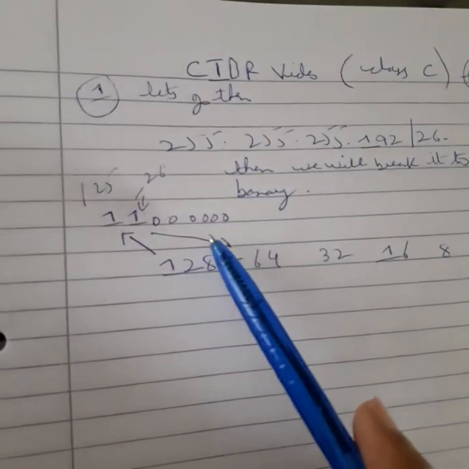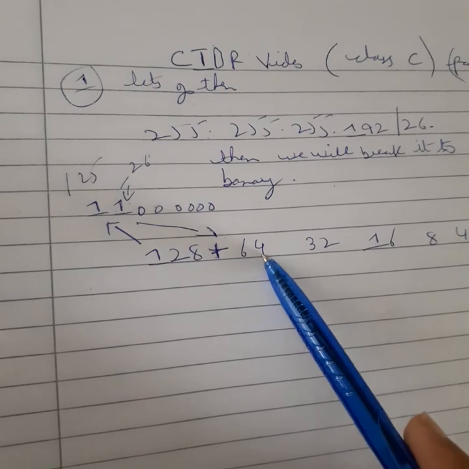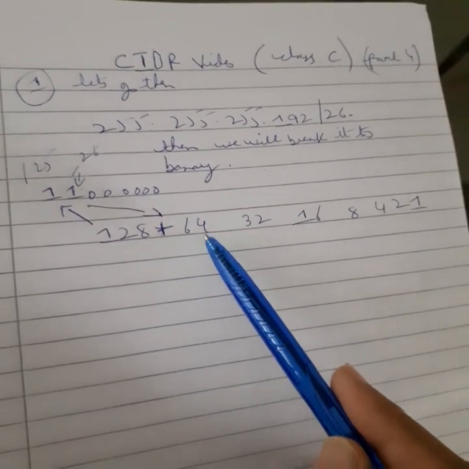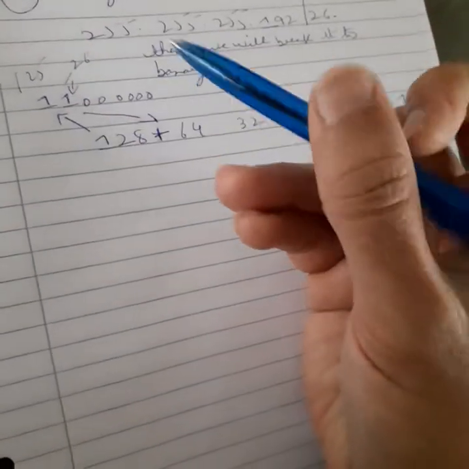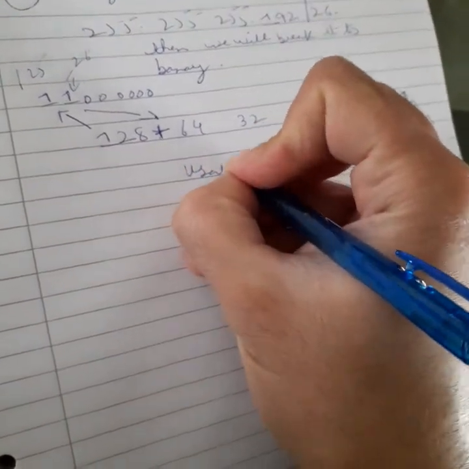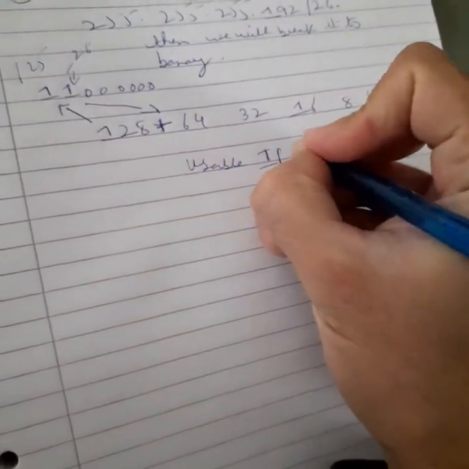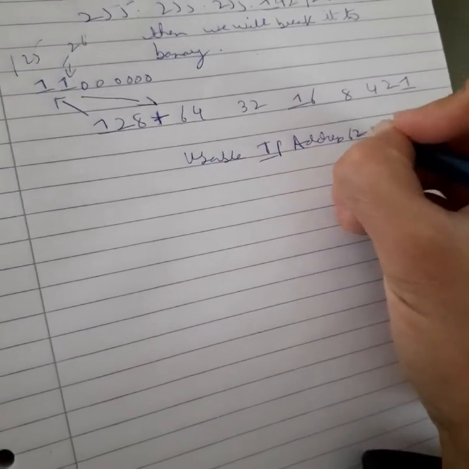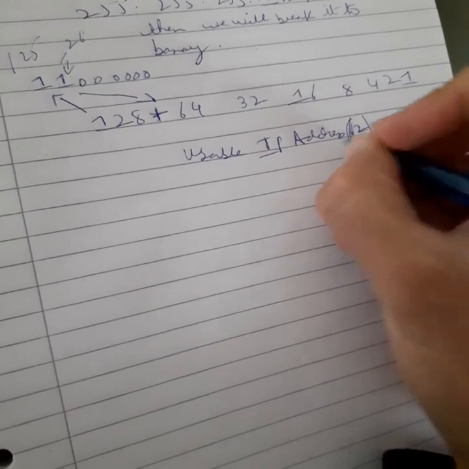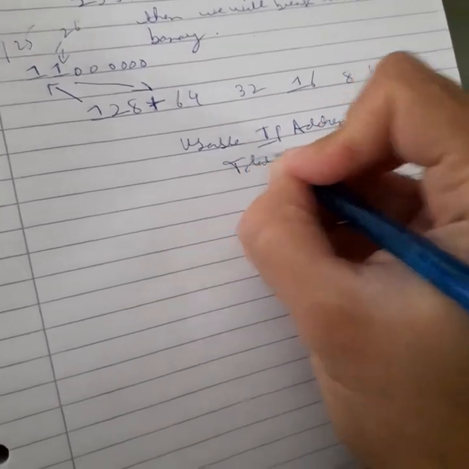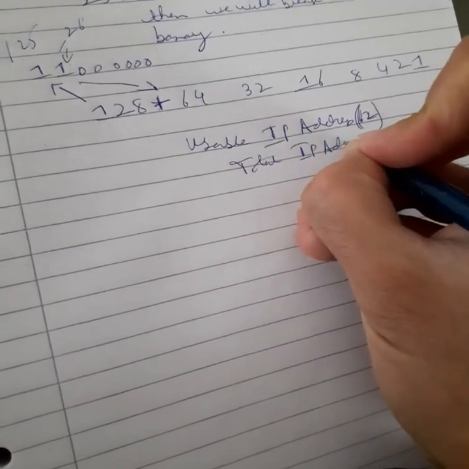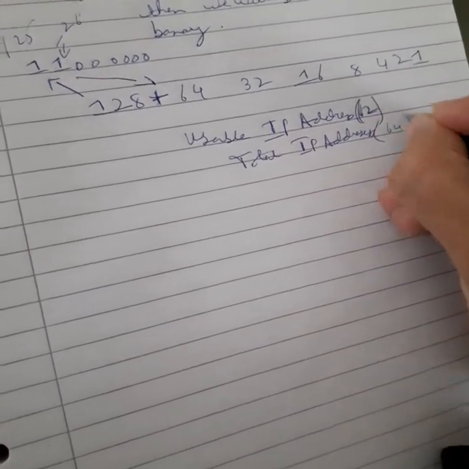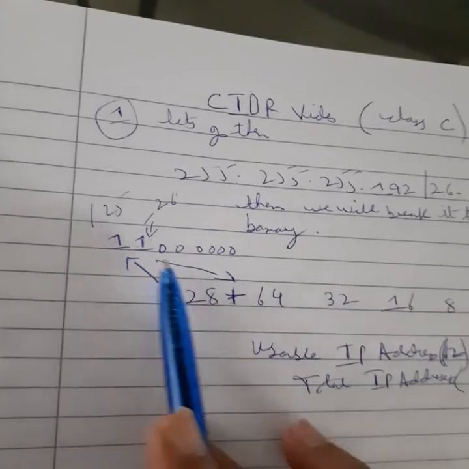So you follow the pattern. We have 64 IP addresses in total. Usable IP addresses will be 62, and total IP addresses will be 64.